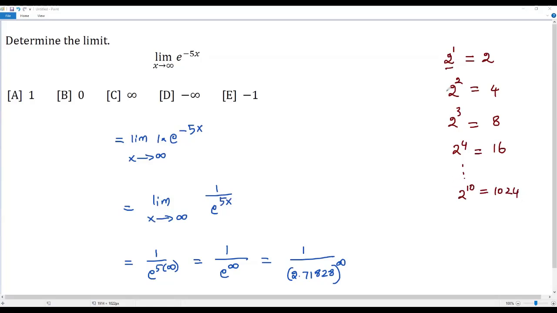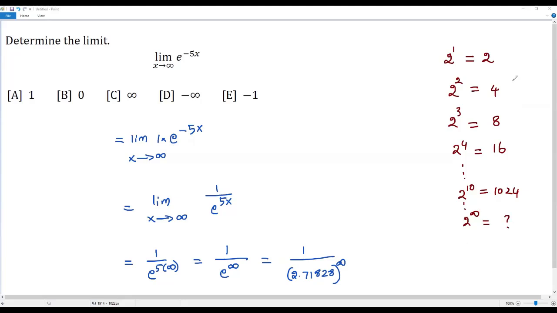Here I have taken a base that is a positive value greater than 1. When I take exponent 1, I get 2. When I gradually increase the exponent, 1, 2, 3, 4, 10, the value of the power on the left side keeps increasing: 2, 4, 8, 16, 1024. So when I take 2 to the power of infinity, a very large value as the exponent, what will we get?